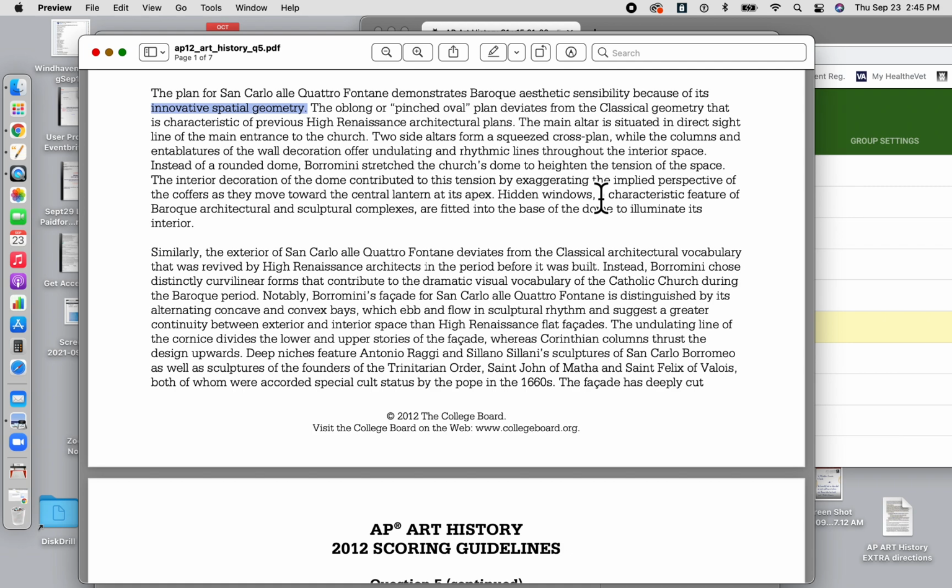It was strictly straight down, and then you got the piece that crisscrosses to make the cross. So it talks about here, he stretched the church dome to heighten the tension of the space. And then the interior decoration is exaggerating your implied perspective.